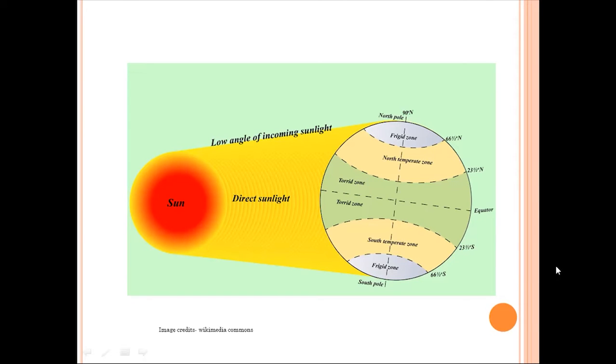So the abiotic factors are going to influence the biotic factors, and their interaction will result in the formation of an ecosystem.